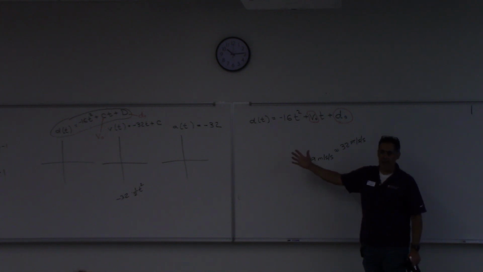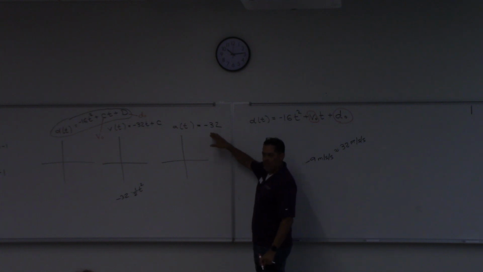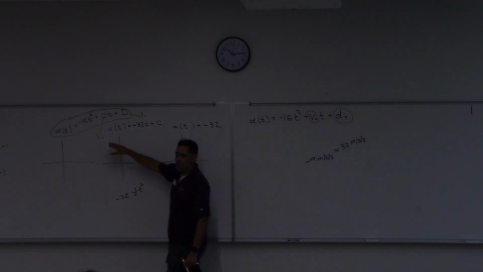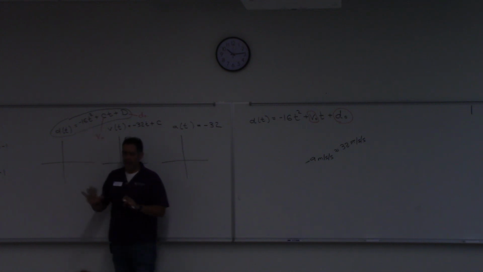Simple application. In fact, if you go to a different planet, right, moon, this changes. That's the only thing that changes on the moon. The acceleration of gravity is different. But the position of an object dropped on the moon will be modeled by a what function? What type of function is this? Quadratic, right? And wouldn't that happen for any mass, any object that had gravity?